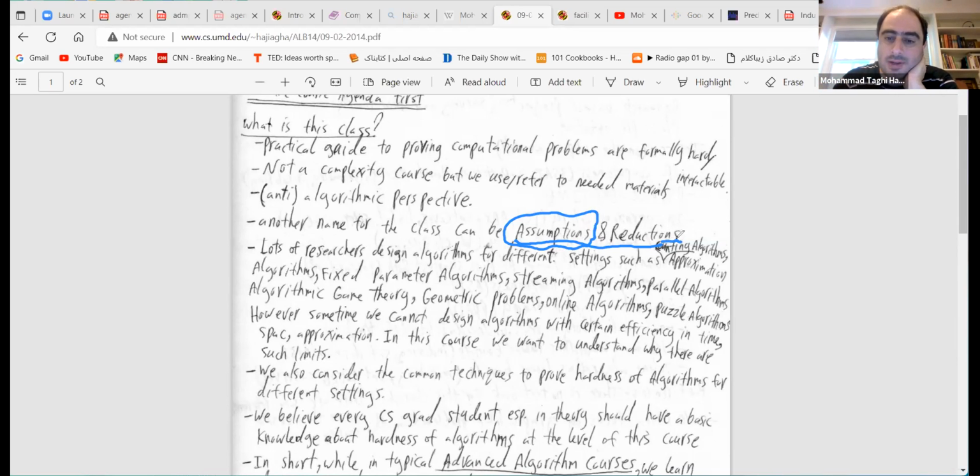And then the rest is our reductions. This is exactly the algorithmic part. What's the meaning of that? It means that in the reduction, we assume that this problem is hard, again assuming, because lots of them we cannot prove now, actually, fortunately or unfortunately.